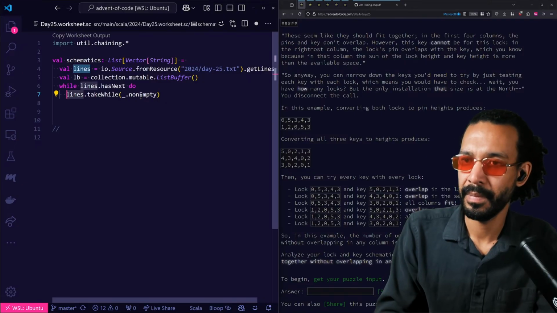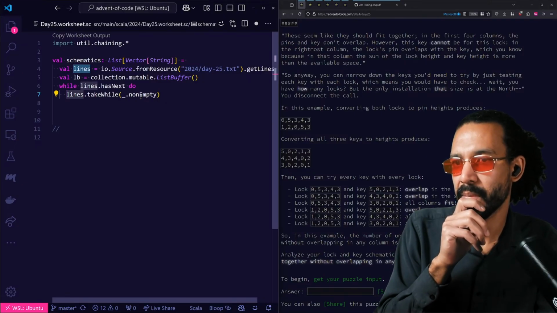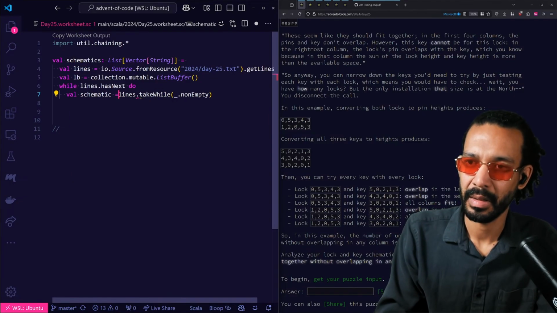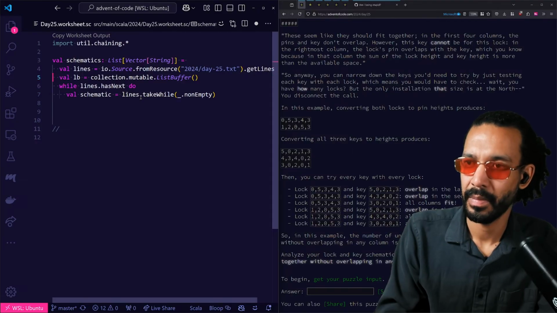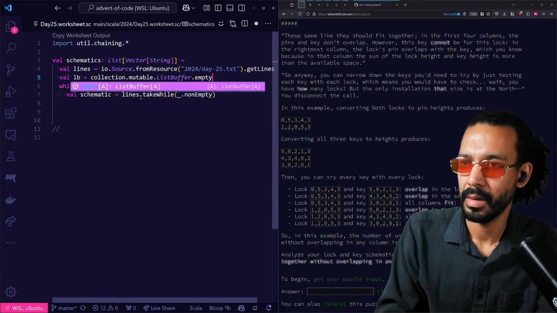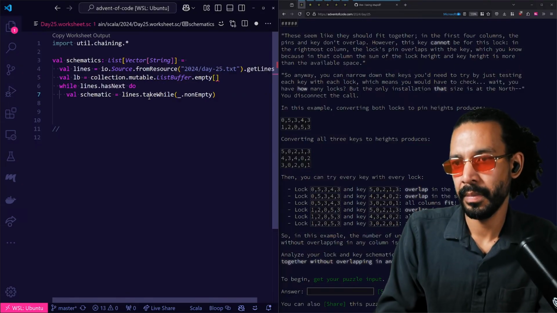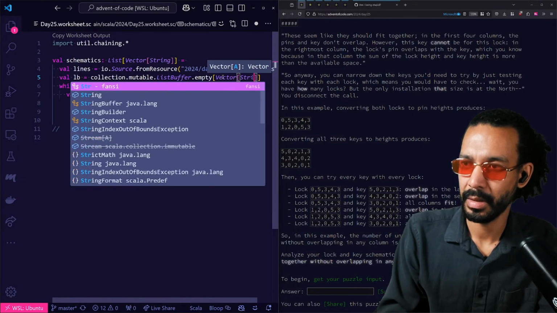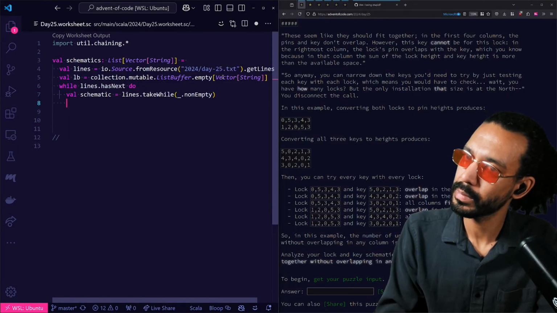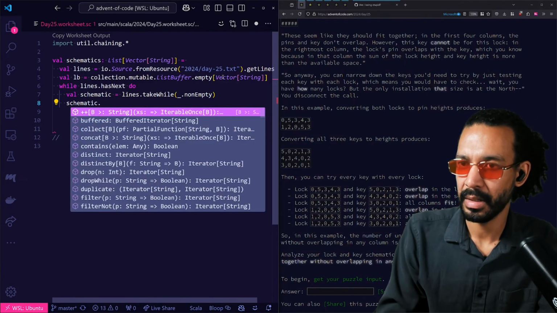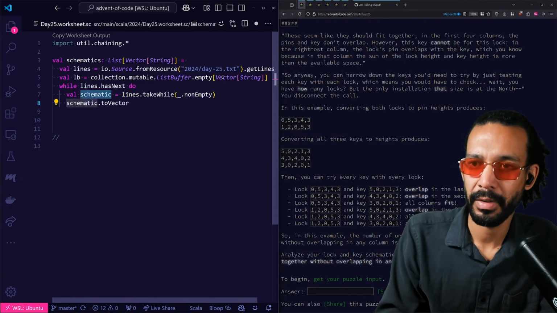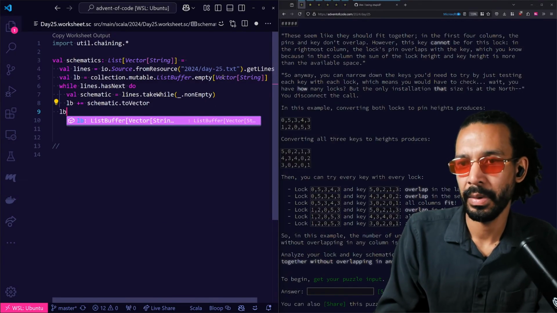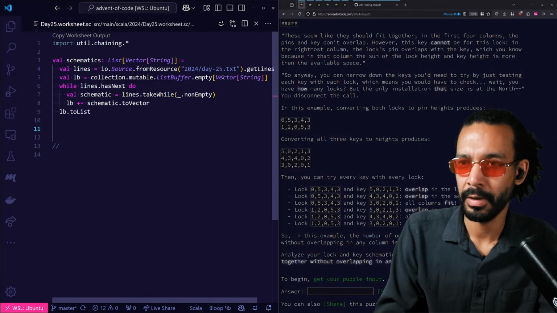I guess this is a schematic. And then I guess we're gonna toVector that. So vector string. So schematic dot toVector, and we add that to our list buffer. And then we do lb.toList, and that's it. So we have all our schematics.